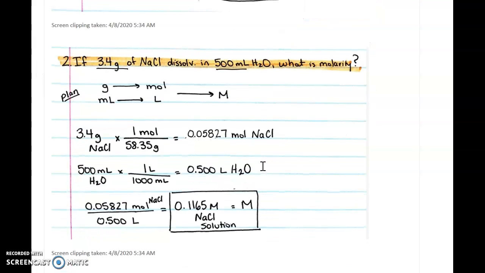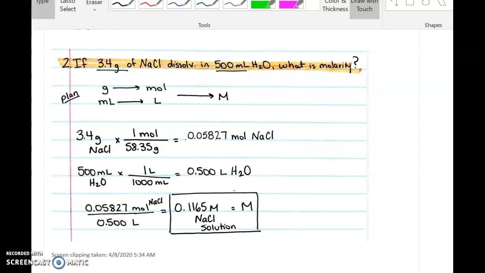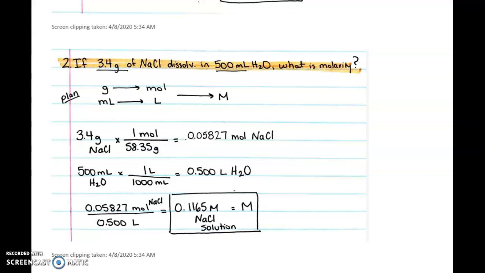Number 2, this one is more difficult, if you notice by my plan here. And I'm sticking with this whole plan thing we've been doing through conversions and everything because it's something we're familiar with. I have to have my units going into my equation as moles per liter.